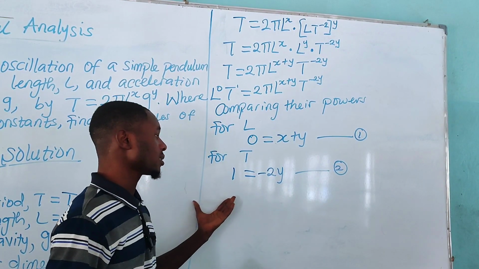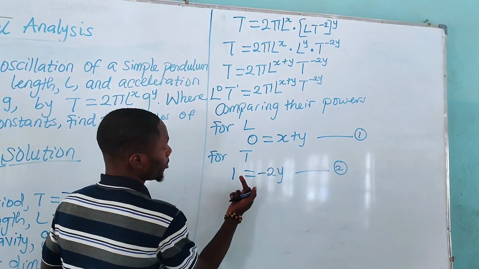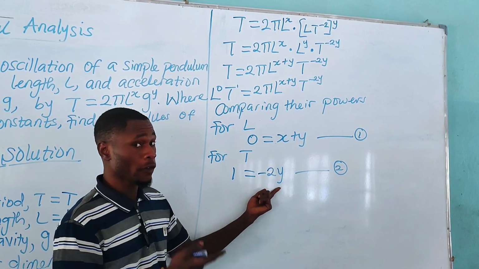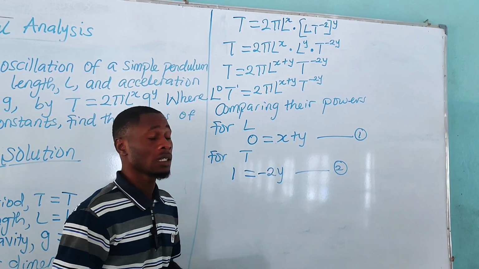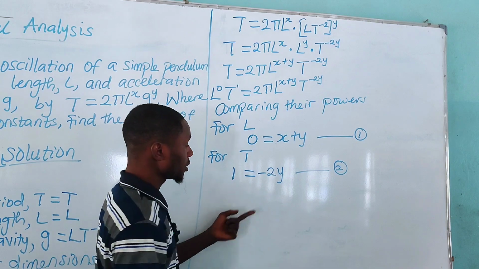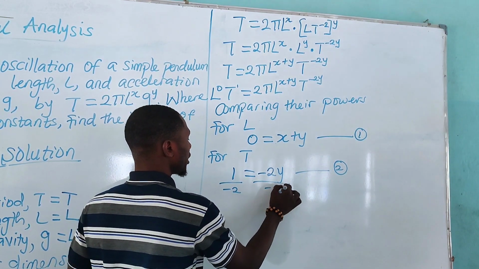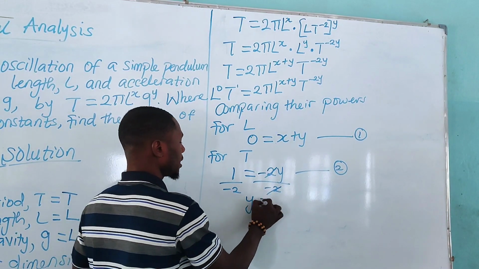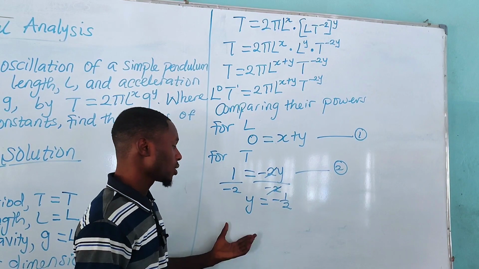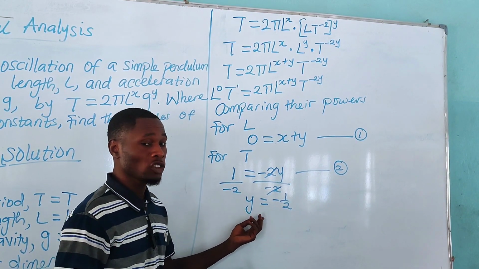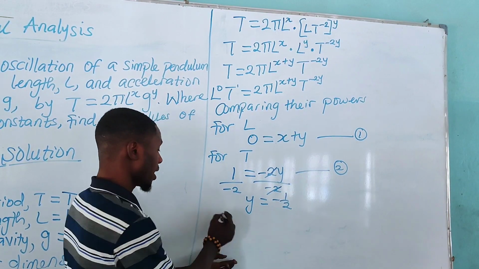All right, so from this, we are going to find the values of x and y, and then we substitute. We can easily find the value of y from the second equation, then find the value of x from the first equation. From the second equation, to get y, we divide both sides by minus 2, so y is equal to minus 1 over 2. Let's substitute y as minus 1 over 2 into equation 1 to obtain the value of x.